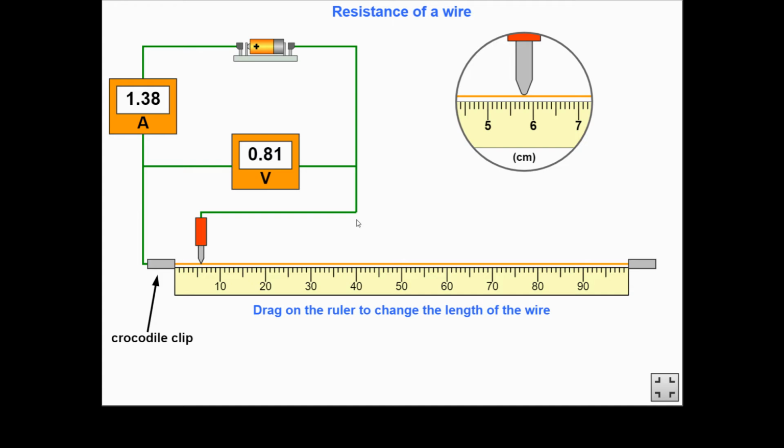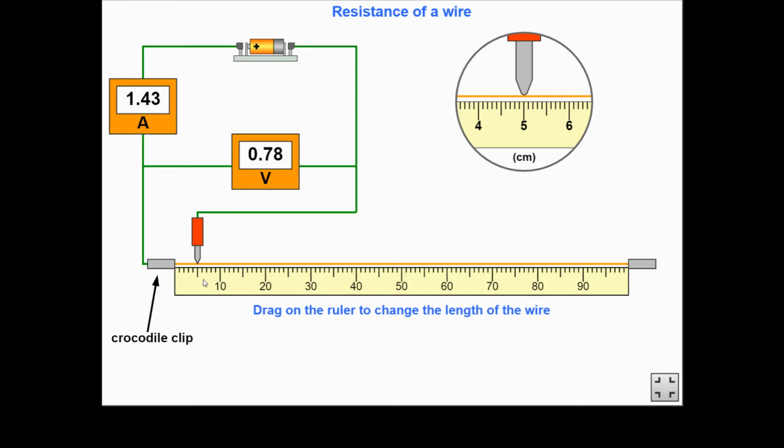So we're going to start off. I'm not actually going to set this to 0, and the reason is because the voltmeter is reading other wires, so I'm not necessarily expecting my graph to go through the origin, because I don't truly have a potential difference of 0 at zero distance on my wire. So we're going to start at a length of wire of 5.